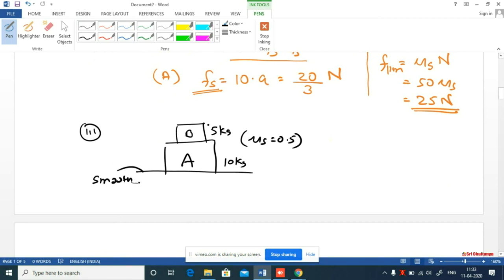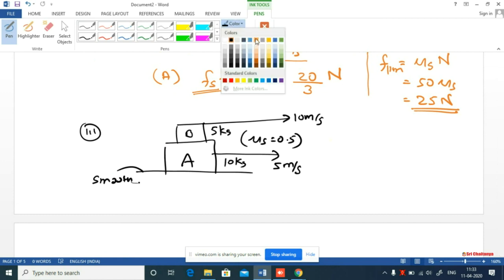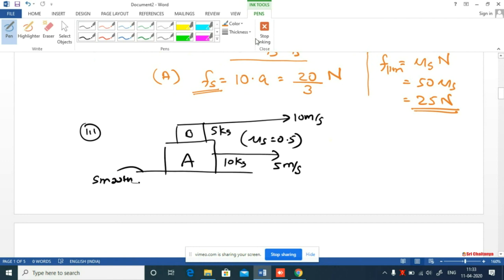And maybe the velocity here is now, let us say, 10 meter per second, and the velocity here is 5 meter per second, and then a force is acting, let us say, on A. And let us say there is a 50 Newton force acting on it.